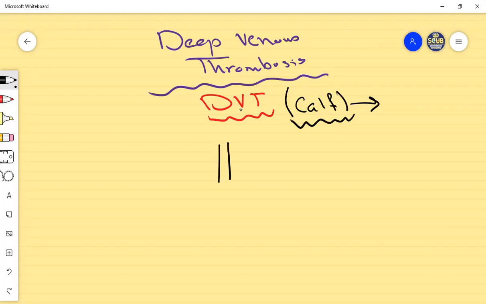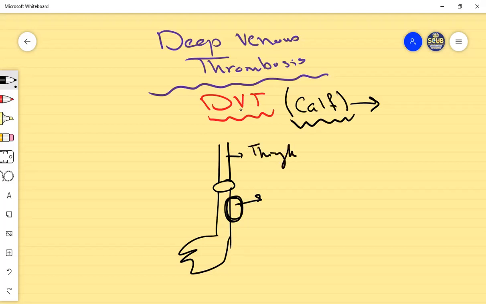Okay, this is the thigh, then we have the knee, and this is the leg. So here, this compartment is the calf muscles, the back of your leg, not your thigh. Okay.